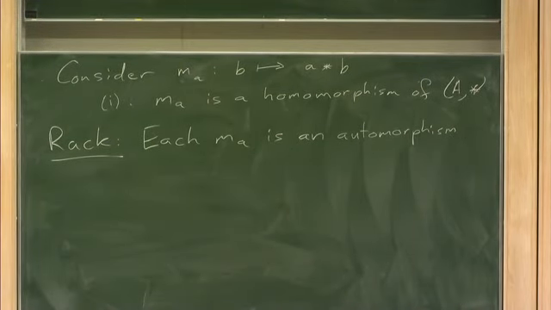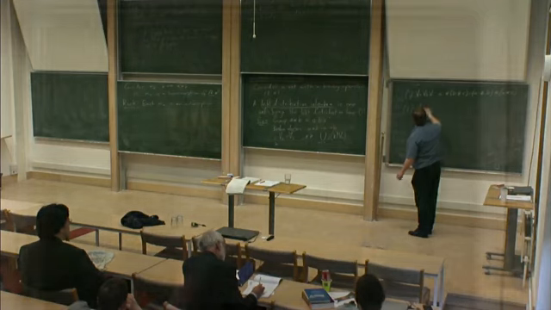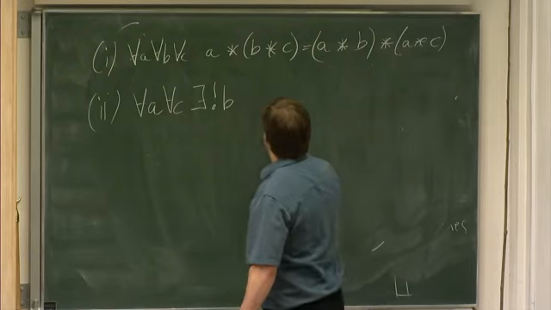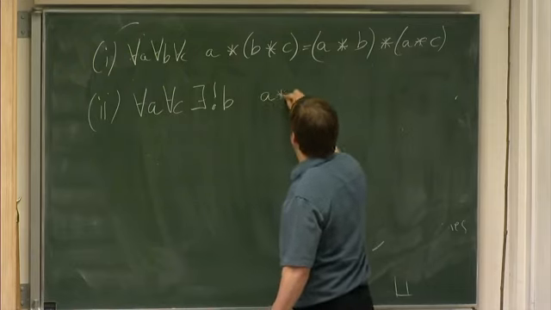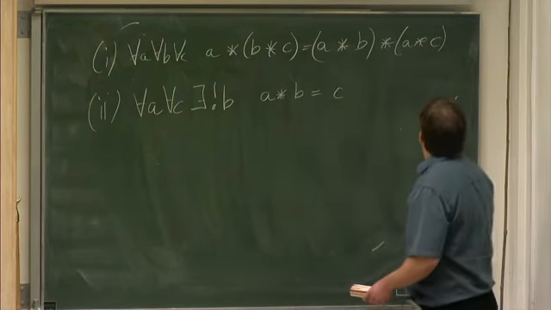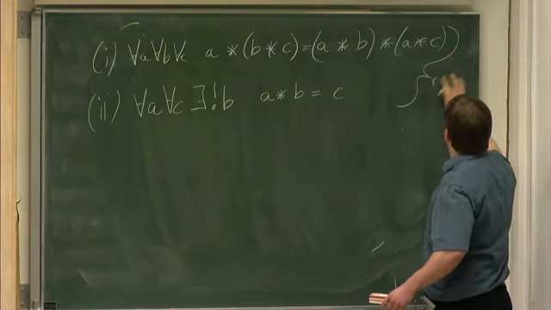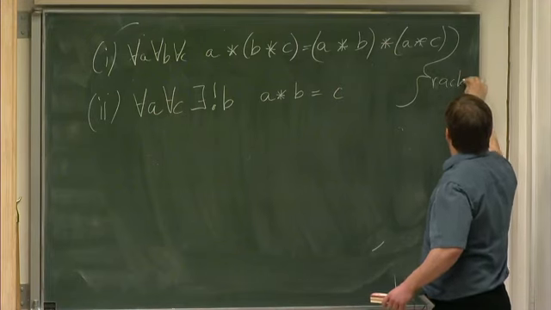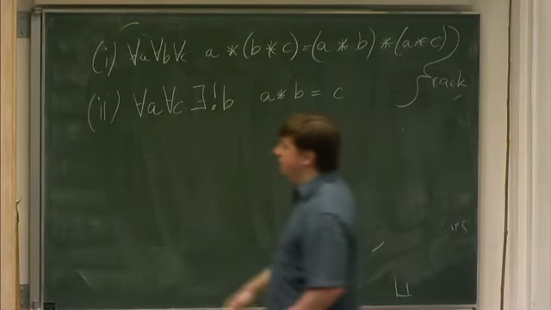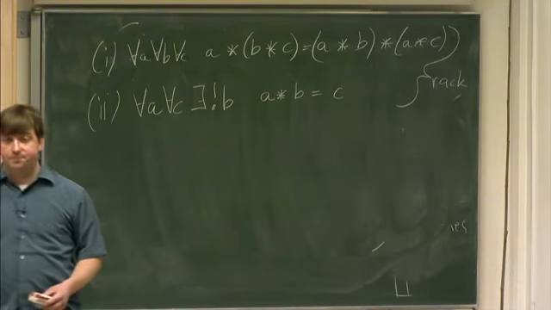So in axiom form, you can say for every A and for every C, there exists a unique B such that A star B equals C. And these two axioms together define racks for you. And you can check it very easily that this group conjugation example is still an example of a rack.